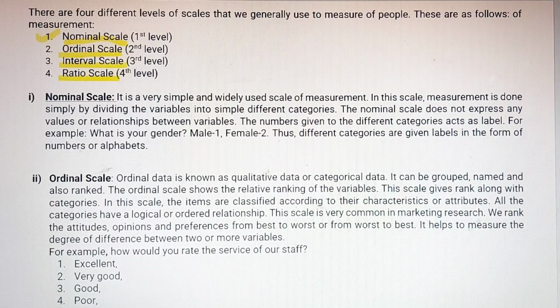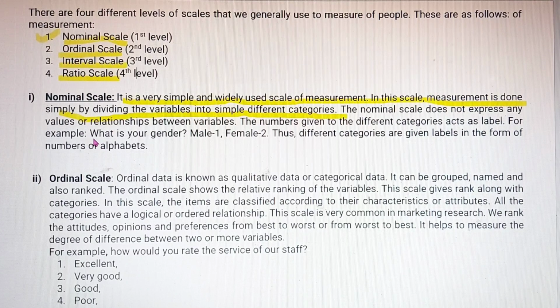Now let's try to understand what is this nominal scale. It is one of the simplest scales and widely used in measurement techniques, and here measurement is done simply by dividing the variables into different categories. You can understand with this example.